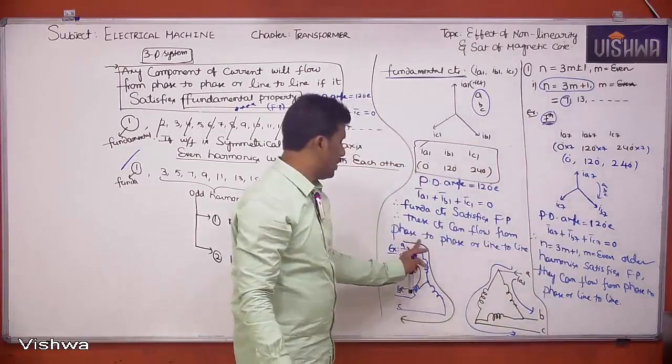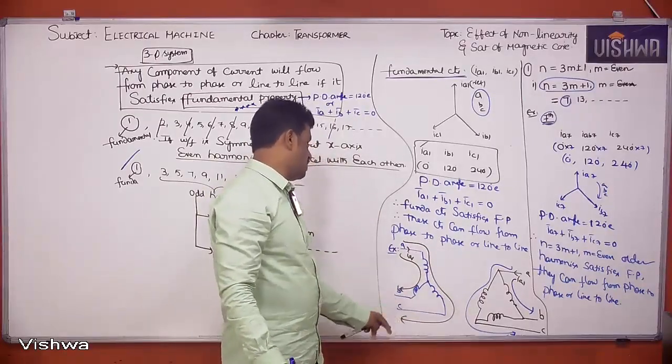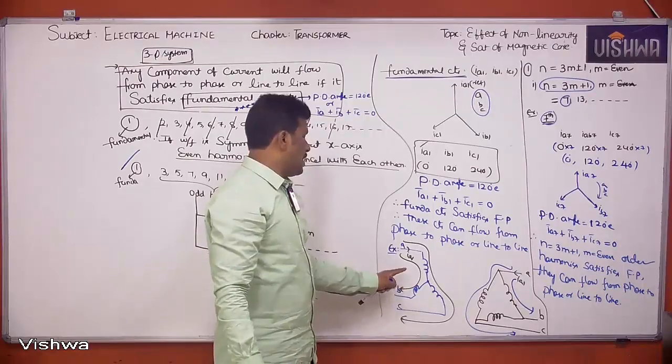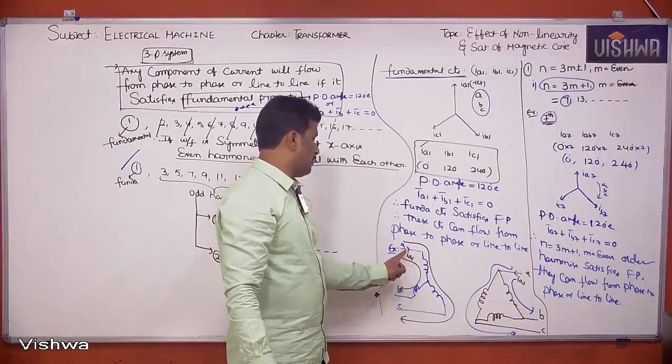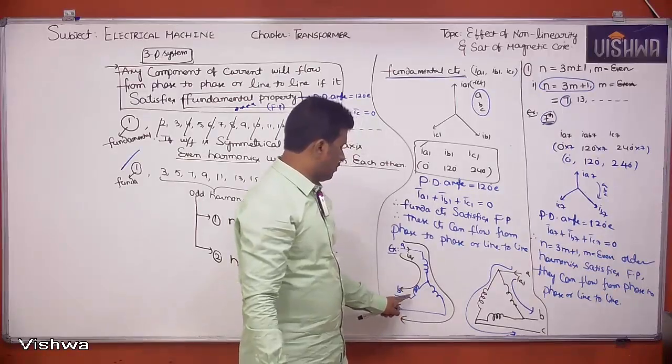How are fundamentals flowing? From A phase to B phase, A to C, B to A, B to C, C to A, C to B. Here, if you take IA7, it will flow from A to B, A to C. And if you take IB7, it will flow from B to A, B to C, like that.